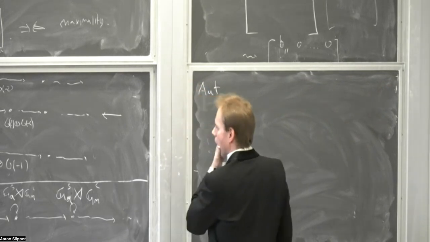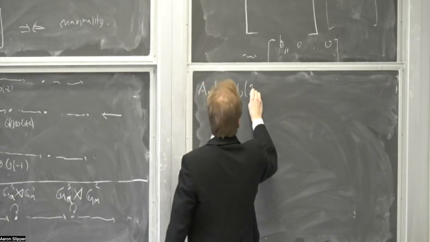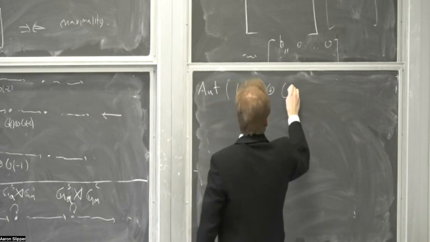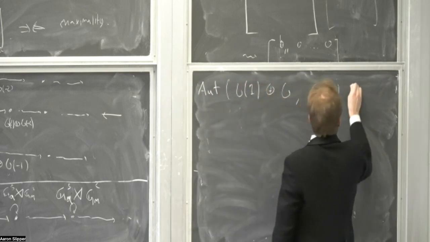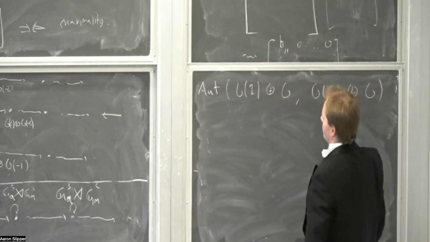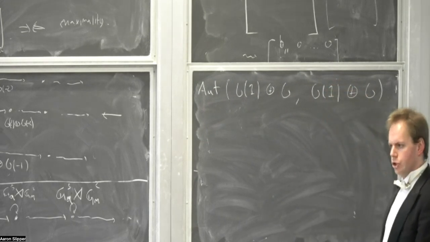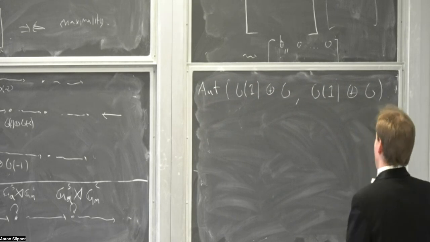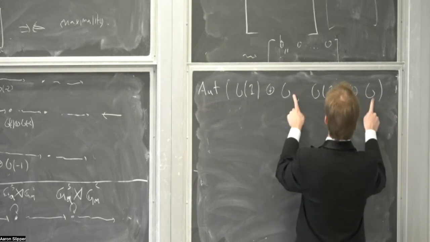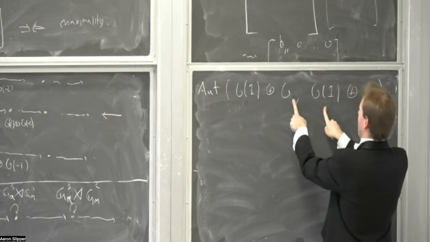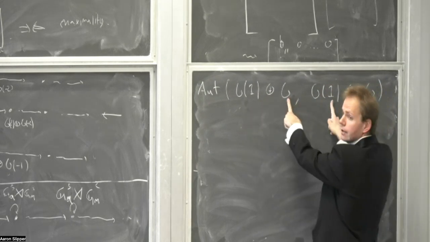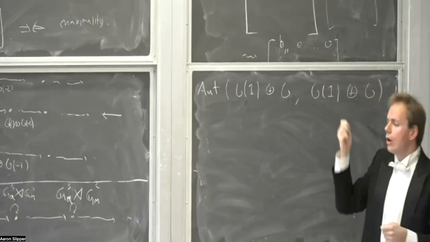You can sort of think of this as a kind of 4x4 matrix where you're allowing entries to be homogeneous polynomials. There's no map from O(1) to O, and there is a map from O to O(1). So these are all still kind of parabolic in some sense.